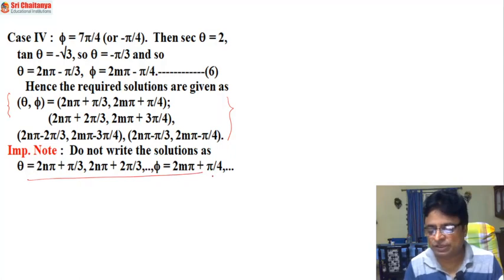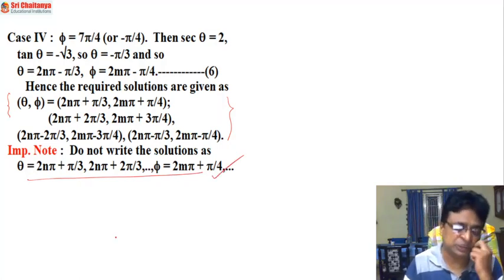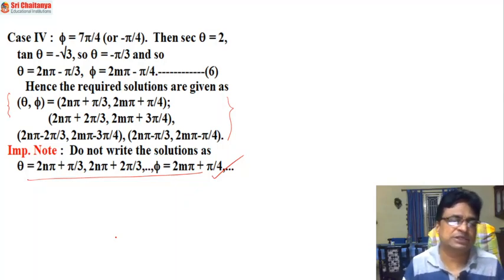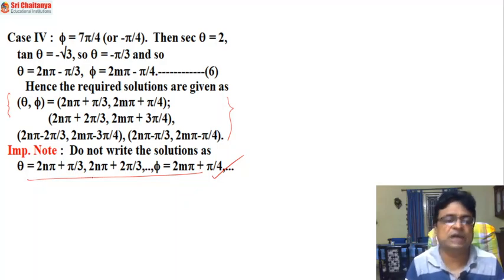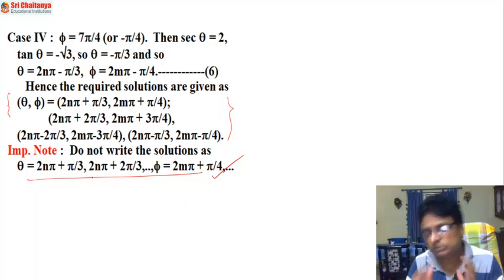Please don't write the solutions on paper like this, because in general students make mistakes, though they are doing the right methodology until the last but one step, but in conclusion they make mistakes by writing this kind of unnecessary things. So this is the strategy of solving when 2 equations and 2 unknowns are given to you.